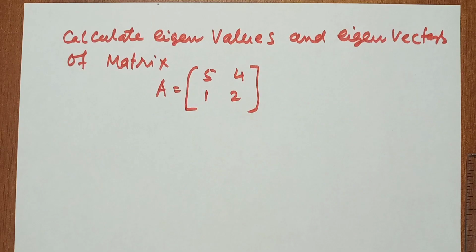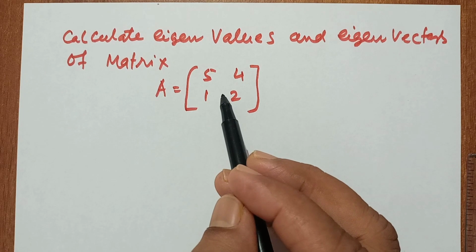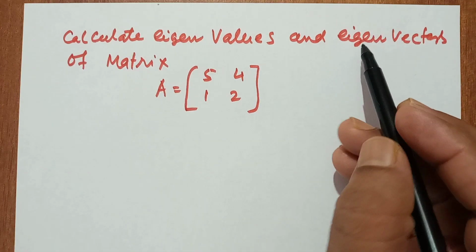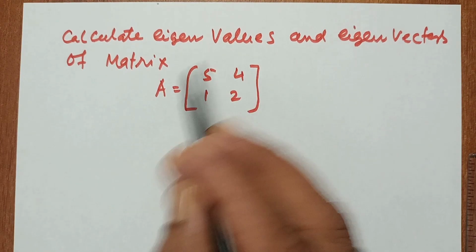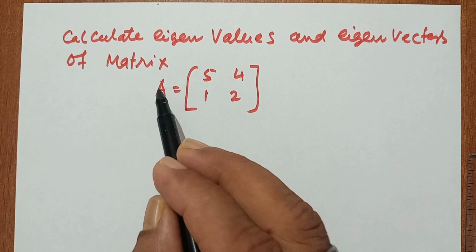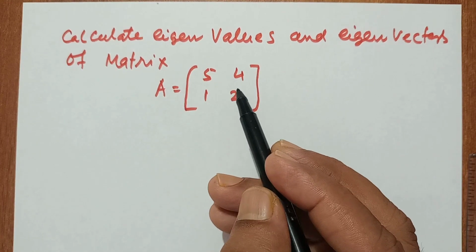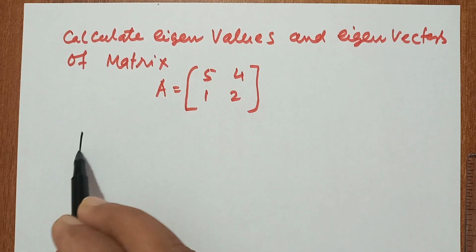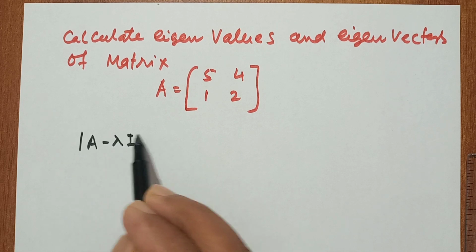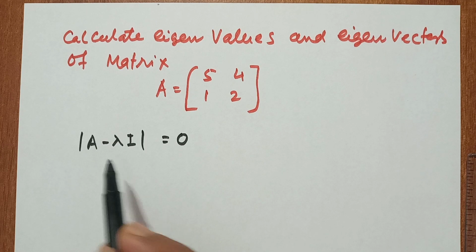Now I want to solve a full question: if this is a matrix of order 2, calculate the eigenvalues and eigenvectors. As I solved in the previous lecture, the value of A is this. How do we calculate the eigenvalue, lambda? First we calculate A minus lambda I equal to 0, which is the characteristic equation.